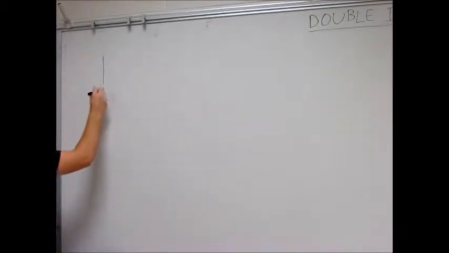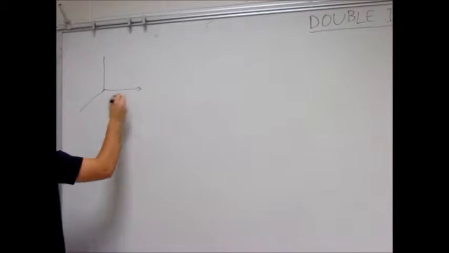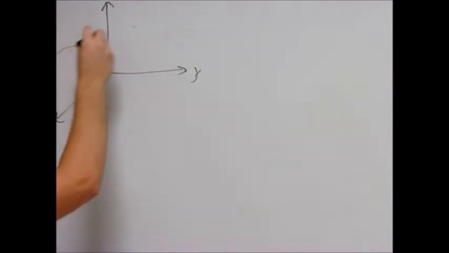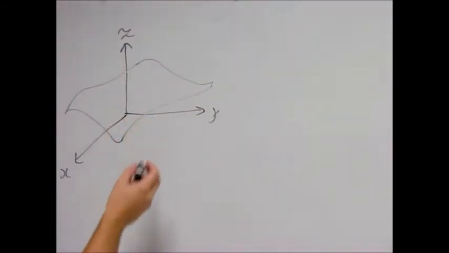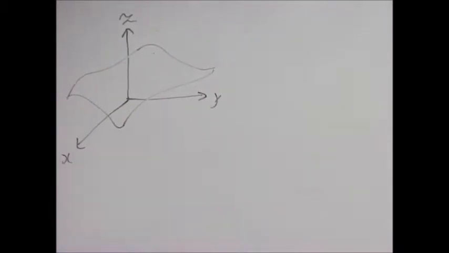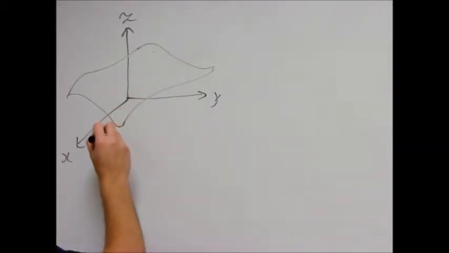So the basic motivation behind this one is if we have a function like this, and instead of finding the area under a curve, you find the volume under a region.